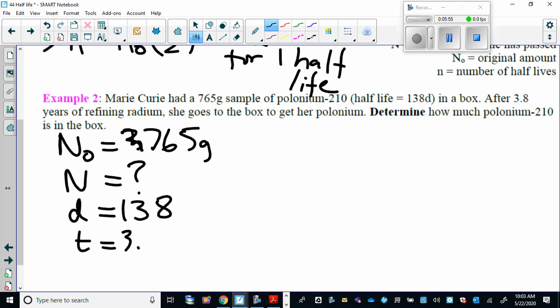So it's just going to be 3.8 times 365, which equals 1,387 days. So 3.8 years is 1,387 days. The substance has a half-life of 138 days, and we can just plug them now into that formula in one step and get the answer.